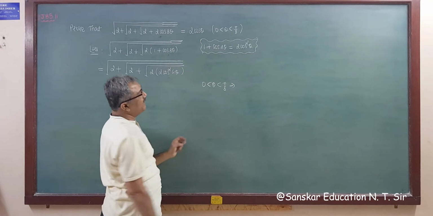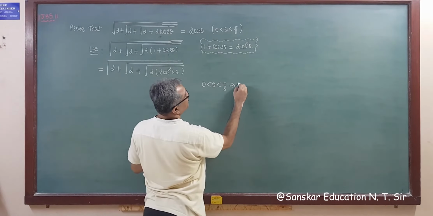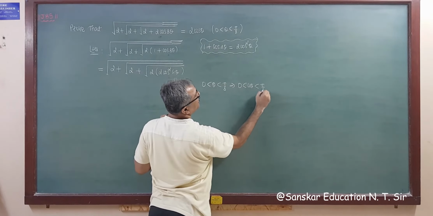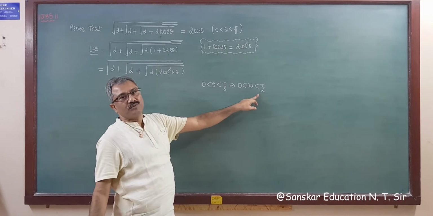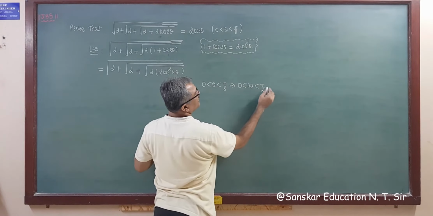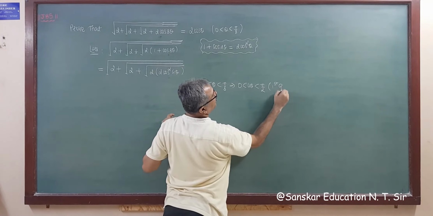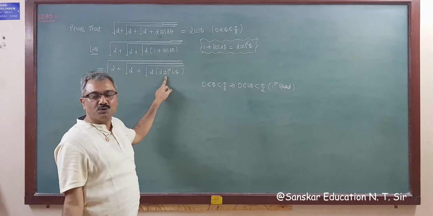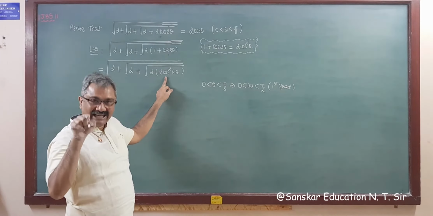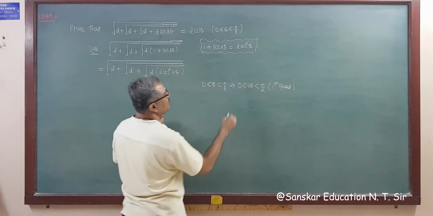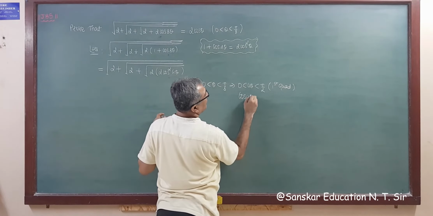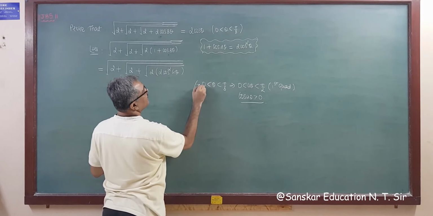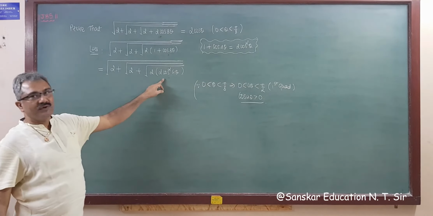So if we multiply by 4, then 0 is less than 4 theta is less than pi by 2. So 0 to pi by 2, that is first quadrant, and in first quadrant cos is positive, so no need to take the negative square root, only positive square root. So cos 4 theta is greater than 0. This is the reason why we are taking positive square root here.